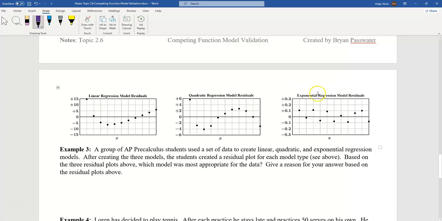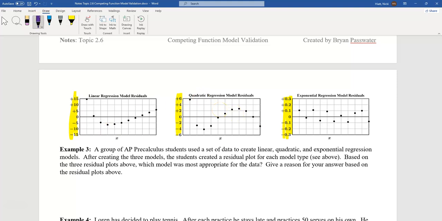That exponential right there. Because linear and quadratic both show a pattern. Another thing to look at is look over here at your y-axis. These residuals right here are a lot bigger than these residuals right here, right? The exponential regression is only off by like 0.1-ish for most of these, whereas the quadratic regression is off by like 2 or 3 or 4 on most of these. This one is off by 15 up here, right?